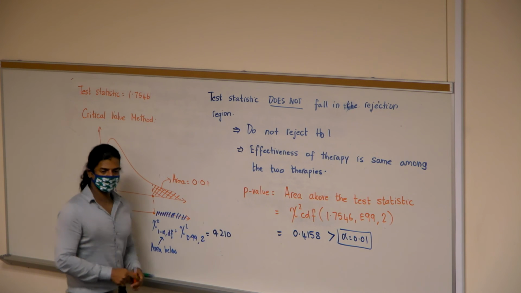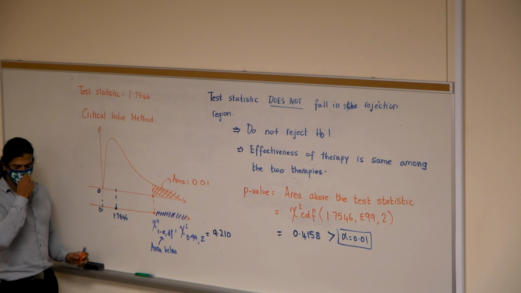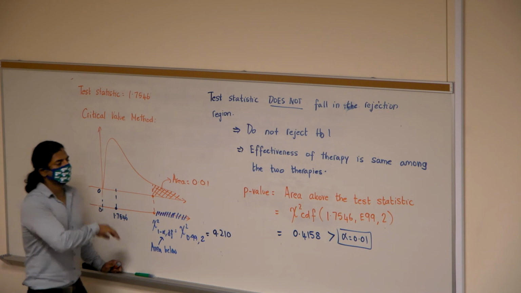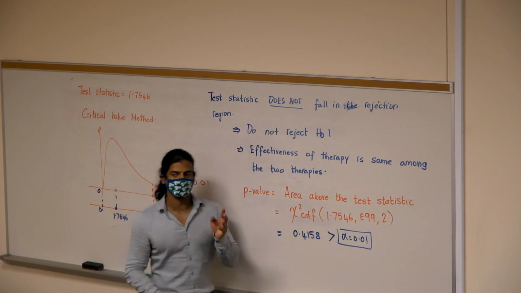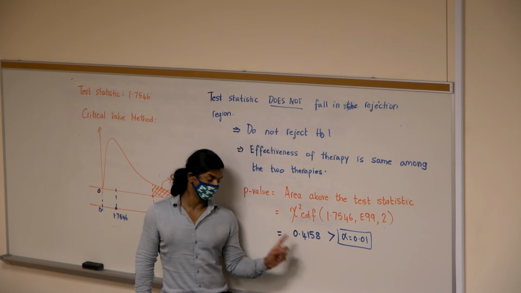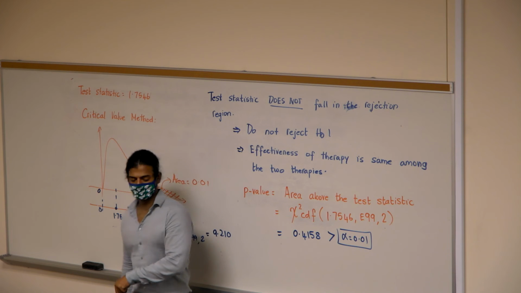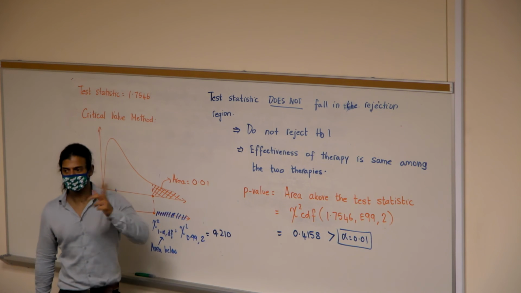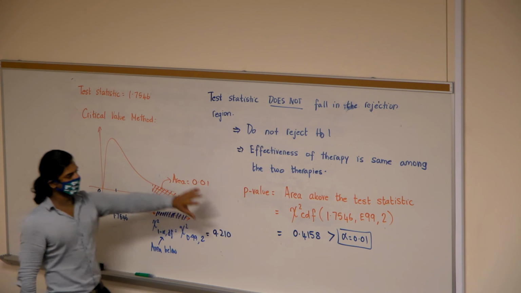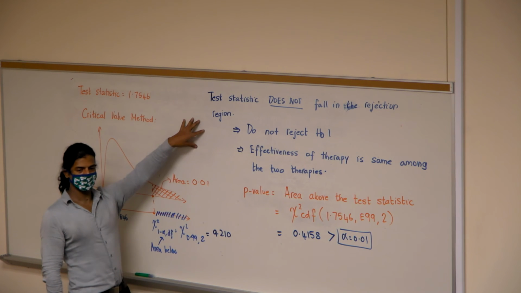In other words, based on the evidence that we've collected, if we rejected the null, the probability that we would be making an error is 41.58%. Knowing that fact, should you reject the null? Absolutely not. So it is the same conclusion as what we had earlier.